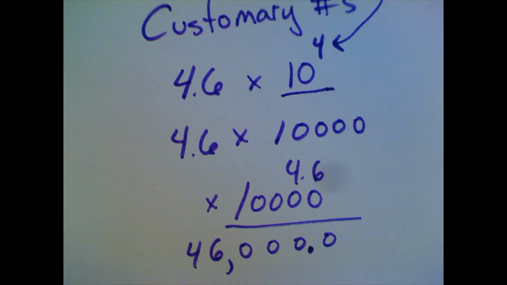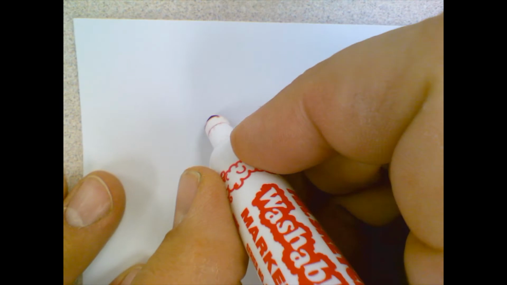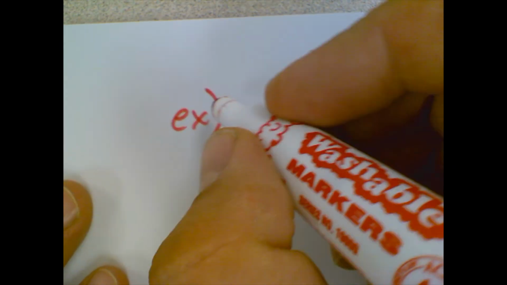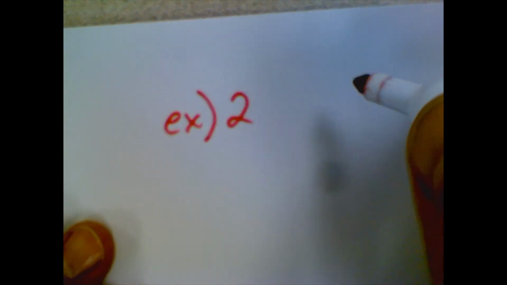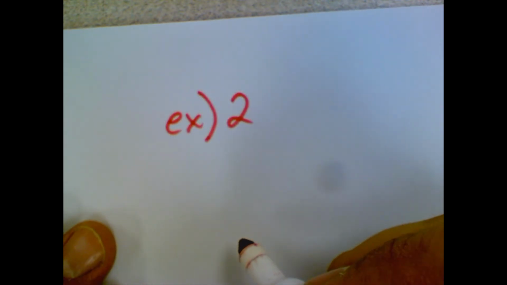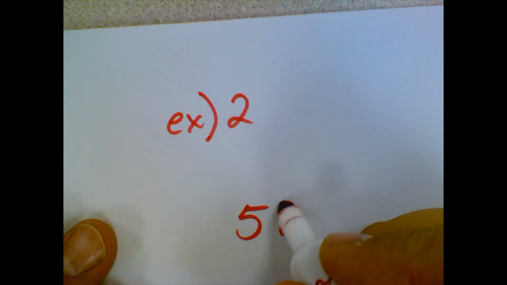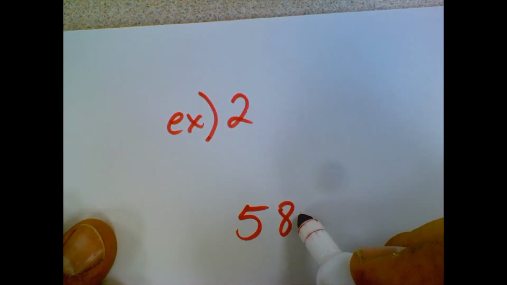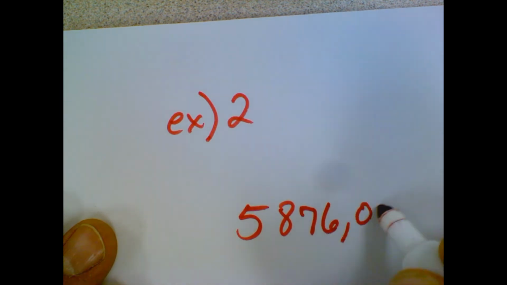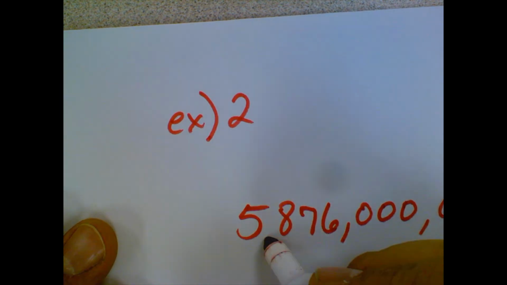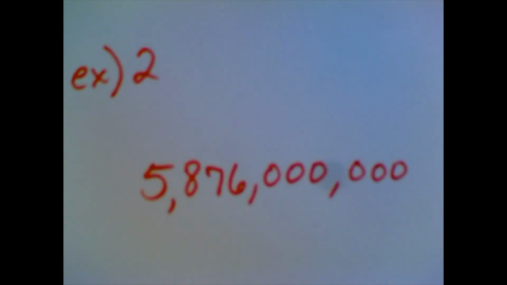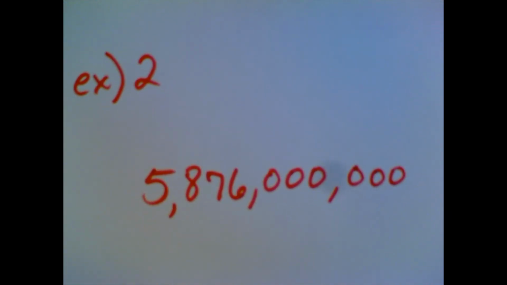All right, let me do another example for you. Example 2. All right, let's try a number like 5,876,000,000.